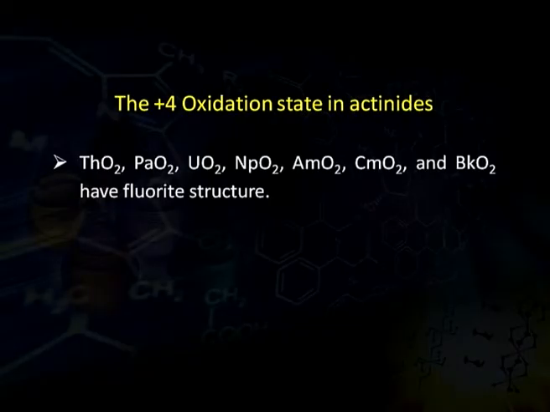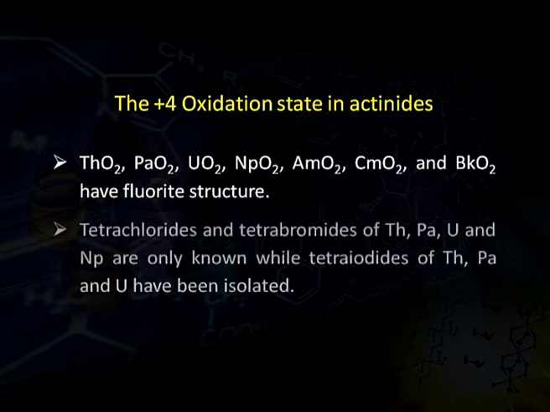The thorium oxide, protactinium oxide, uranium oxide, neptunium oxide, americium oxide, curium oxide and berkelium oxide have fluorite type structure. Tetrachlorides and tetrabromides of thorium, protactinium, uranium and neptunium are only known, while the tetraiodides of thorium, protactinium and uranium have been isolated. Let us discuss the +5 oxidation state of the actinides.